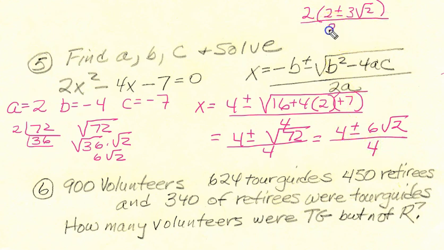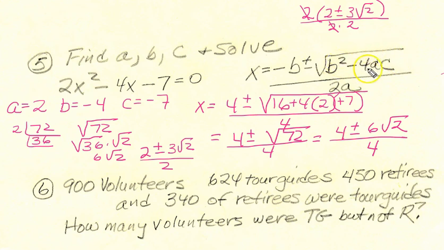I'm going to make it 2 times 2. So now we have a common factor. And then our final answer here will be 2 plus or minus 3, the square root of 2, all over 2, and you'll probably have to write it twice, once with the plus, once with the minus.